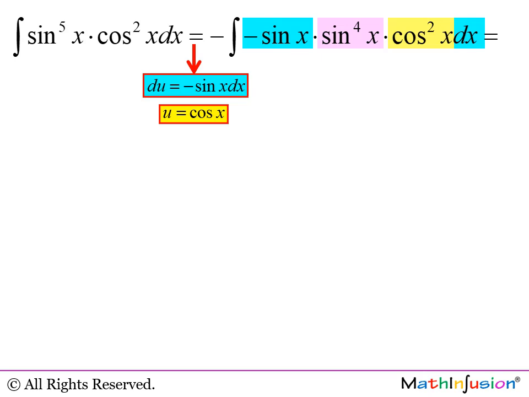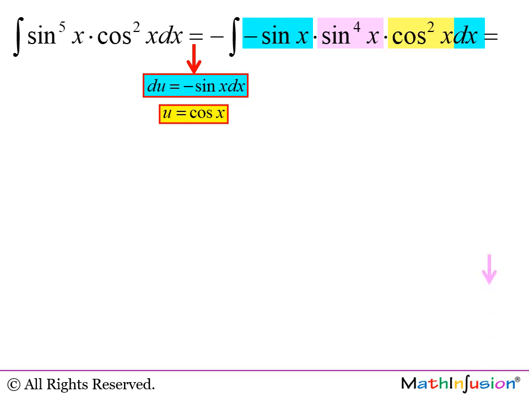This is one of the most important steps that you do in trigonometric substitution: you rewrite it in a way that you can take each one of those parts and translate to get an integral of the variable u. Because I have the minus sine x dx, I also have minus, but then obviously I have to multiply everything by negative 1 to keep it exactly the same as the original integral.